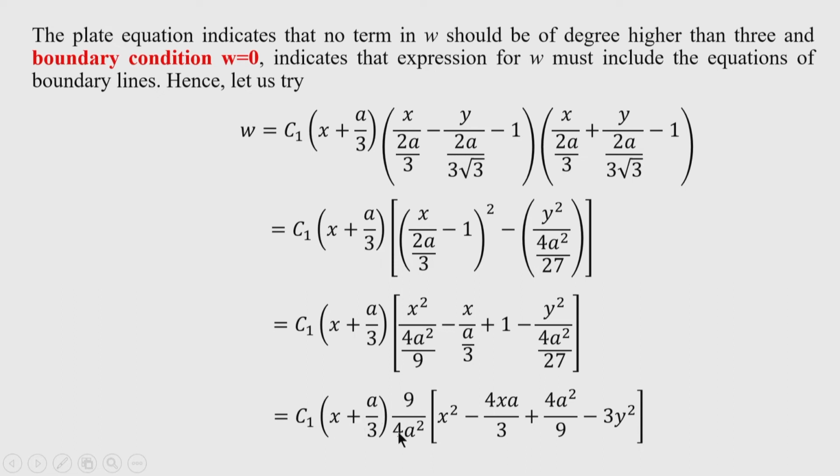Further simplification of this expression will give you W as C1 (x plus a by 3) (9 by 4 a square minus 4xa divided by 3 plus 4 a square by 9 minus 3y square), in parentheses with x square. So, this is the expression for the deflected surface provided C1 is known, because this W is found to satisfy the boundary condition, but still the value of C1 is not determined, because the second boundary condition on the bending moment is not imposed till now.